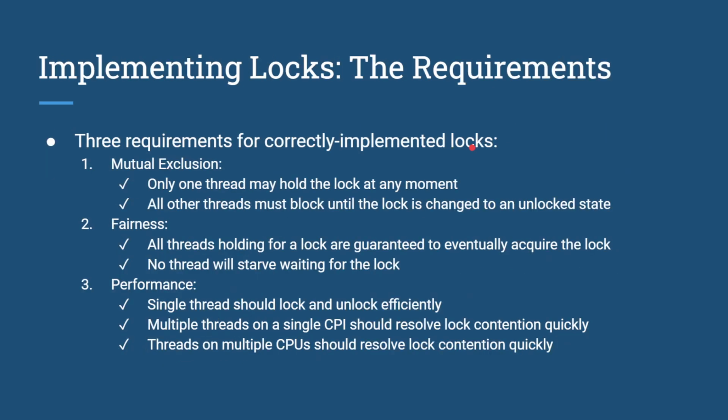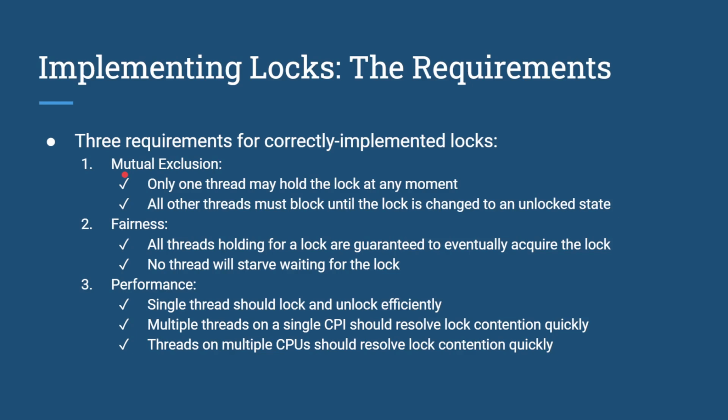So what do we need? There are three things we need to make sure a lock does properly. First, it should provide mutual exclusion. This is the primary purpose of every lock. If it doesn't provide mutual exclusion, it's not a lock.